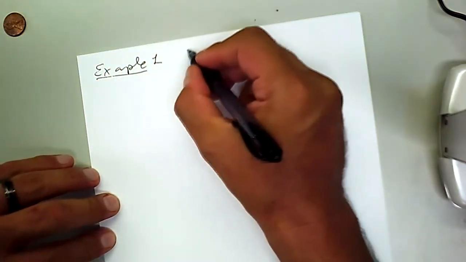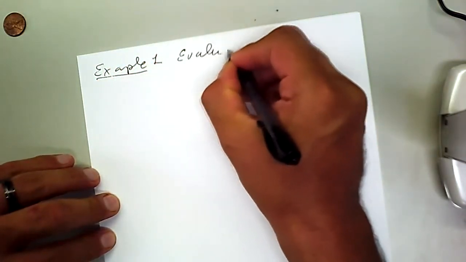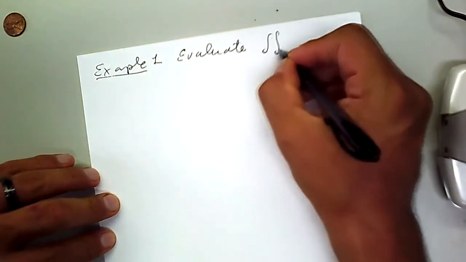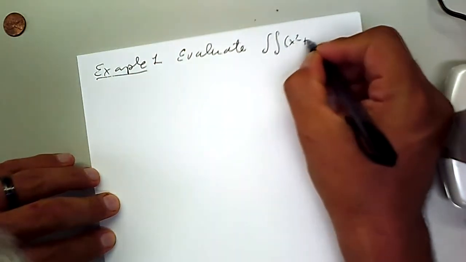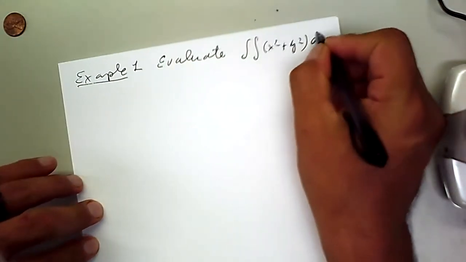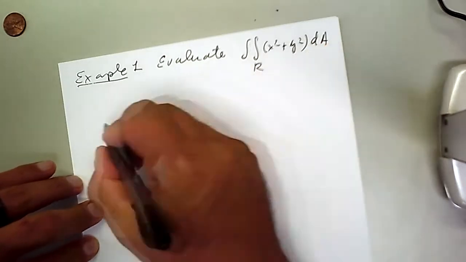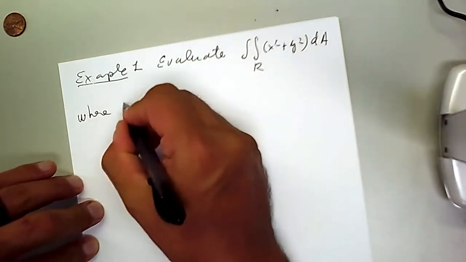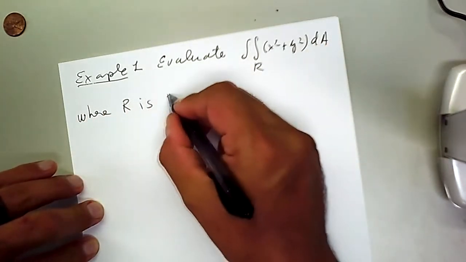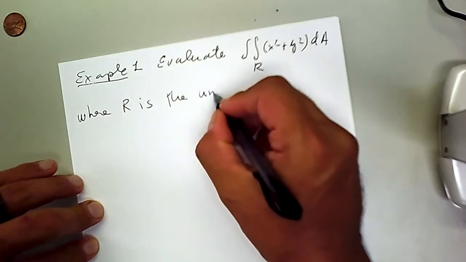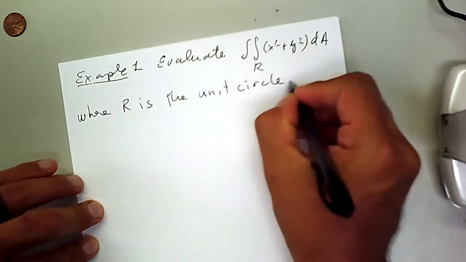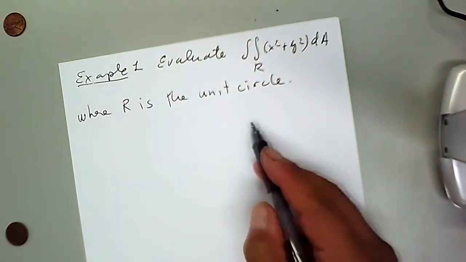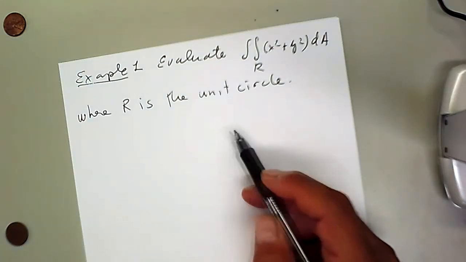Okay, so we want to evaluate the double integral of x squared plus y squared with respect to the area over the region R, where R is the unit circle, which is understood to be centered at the origin.